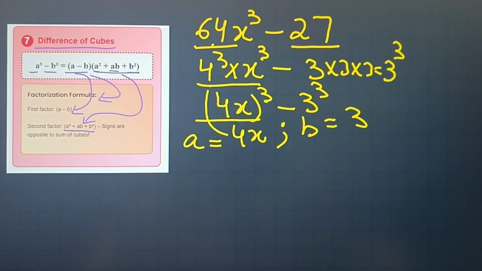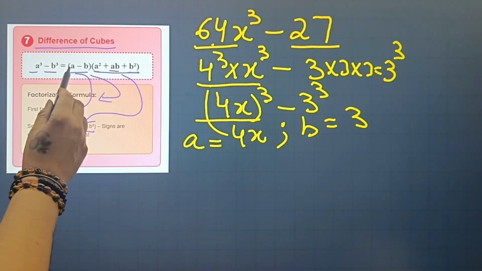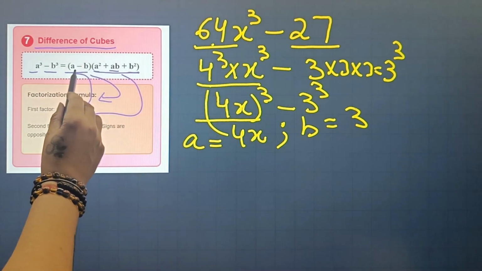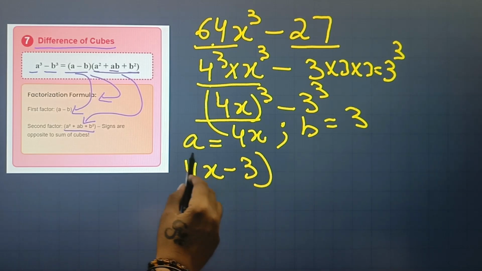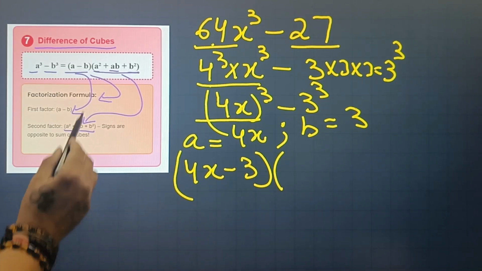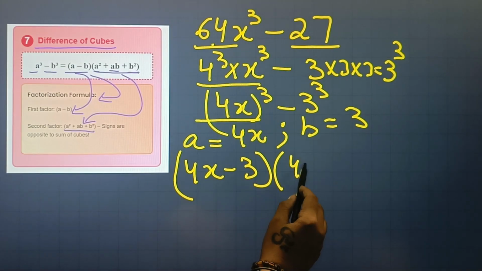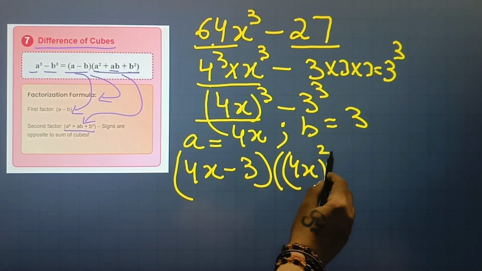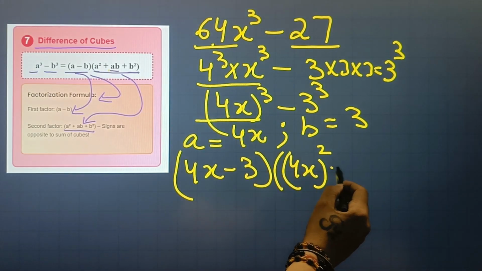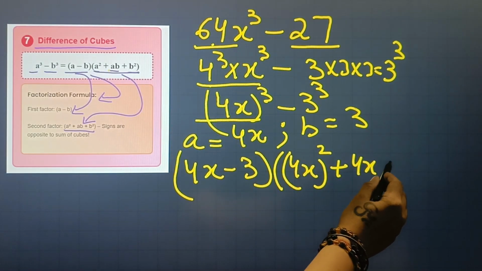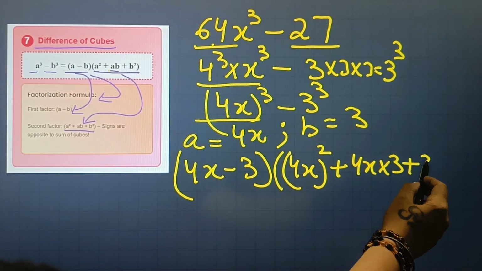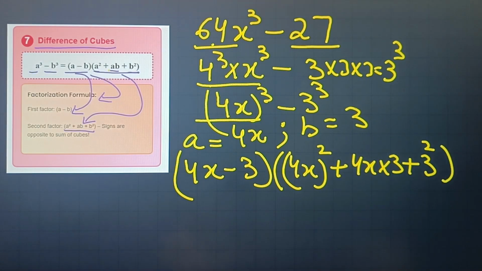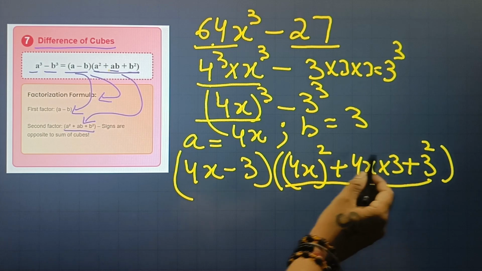Therefore, we can apply our given identity, which is (a minus b), that means (4x minus 3) into (a square, which is (4x) whole square, plus ab, which is plus 4x into 3, plus b square, which is plus 3 square). Now we can simplify these terms.